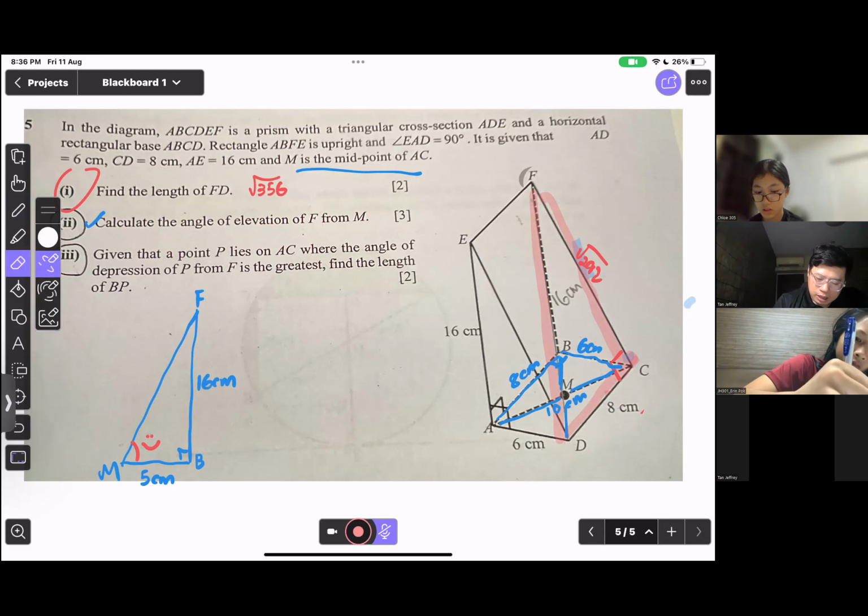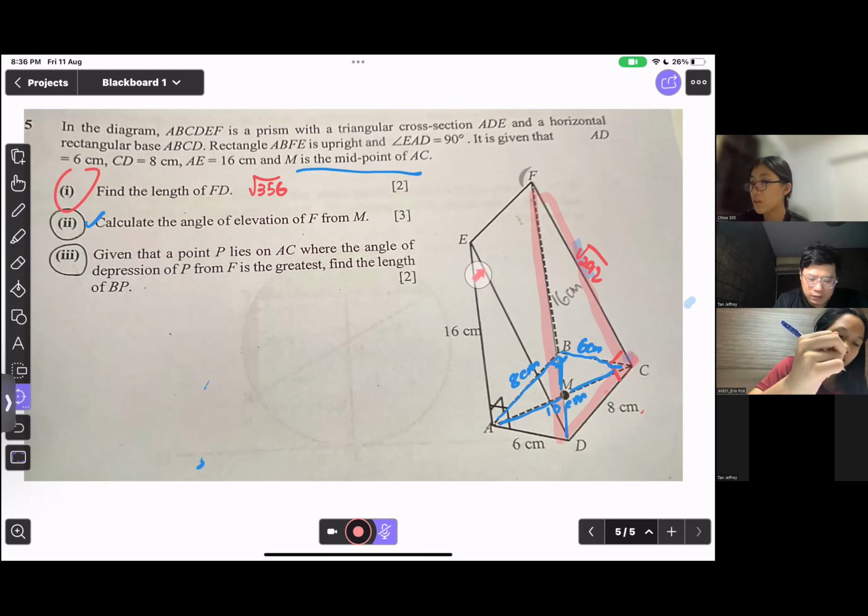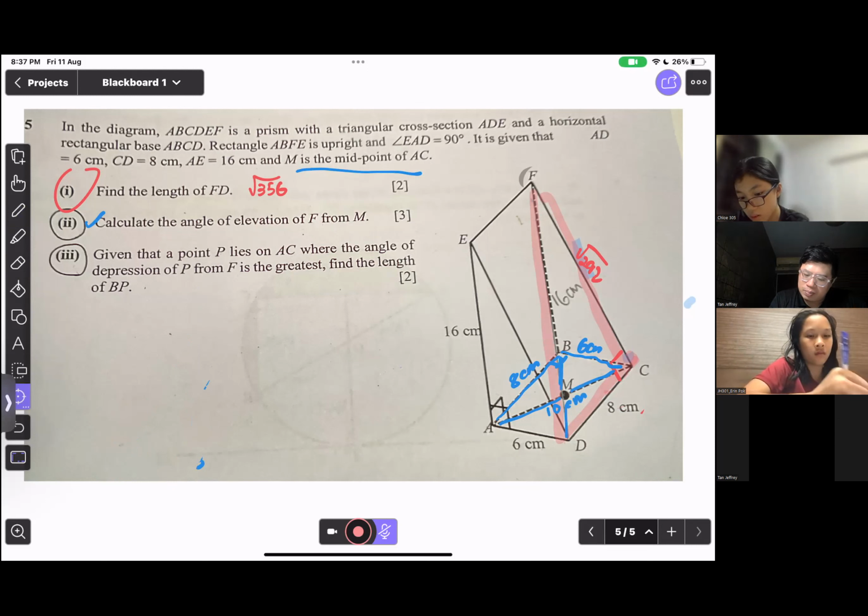Then after that, P lies on AC, where the angle of elevation of P from F is the greatest. Find the length of BP.